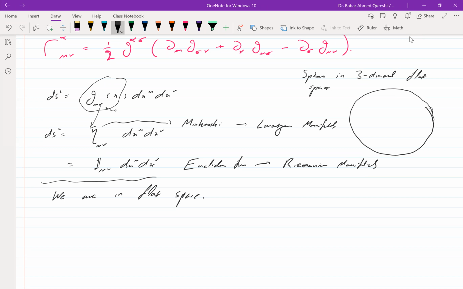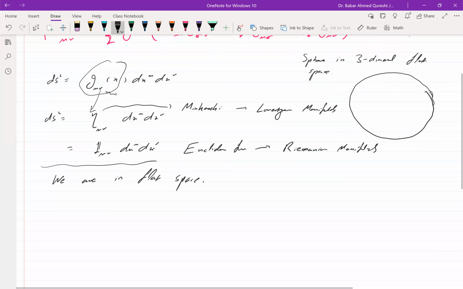So we will encounter the Riemann curvature tensor, which characterizes the curvature of the manifold in its complete sense, but we won't discuss it today. This is just a remark that we can tell a space is flat if the metric is this one or this one. But the other way is not true.